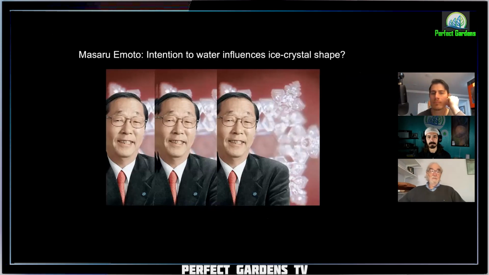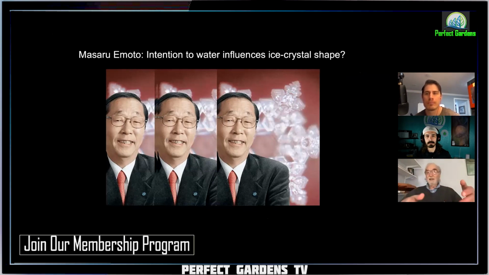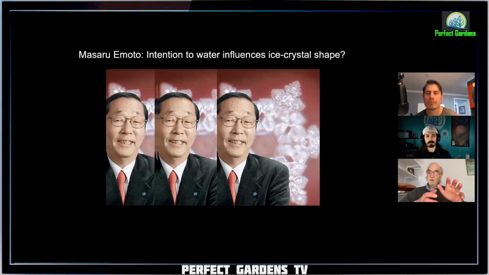So the person who is perhaps most famous for this is the late Masaru Emoto, who passed some years ago. What he demonstrated is that if he put his intention to water, in other words, he focuses on the water, extending these so-called subtle energies to the water, it changes.